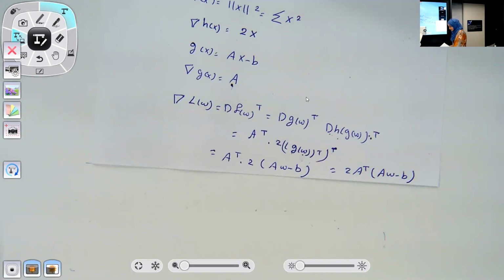We need to calculate the storage. That means you need to store this picture in your computer.